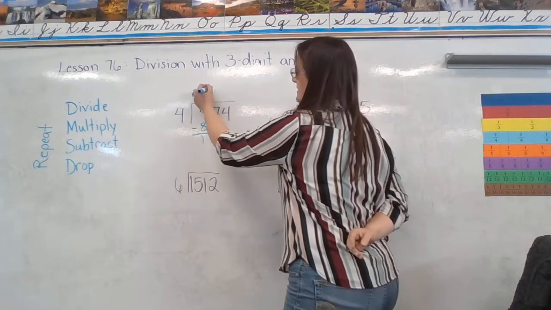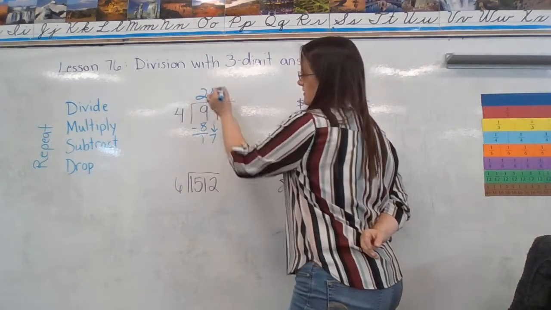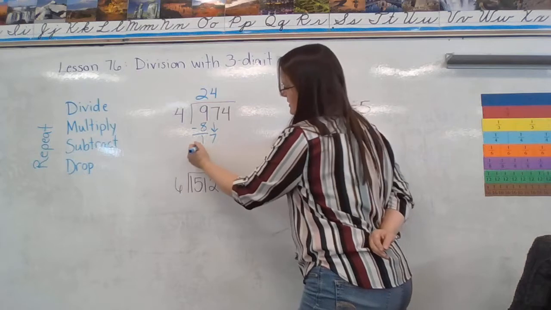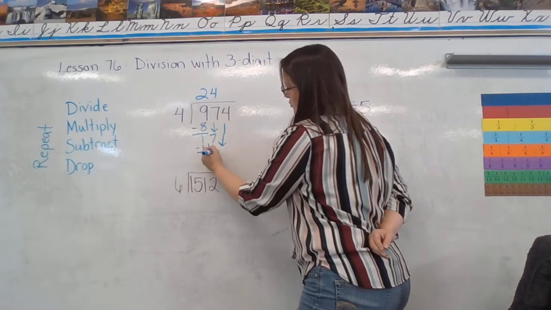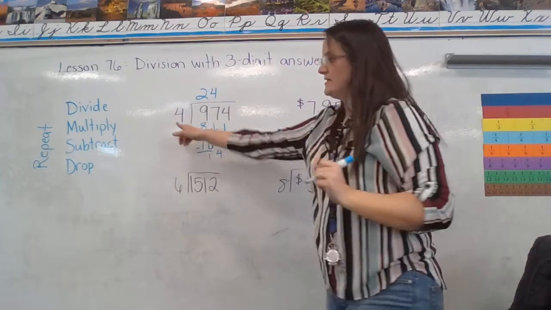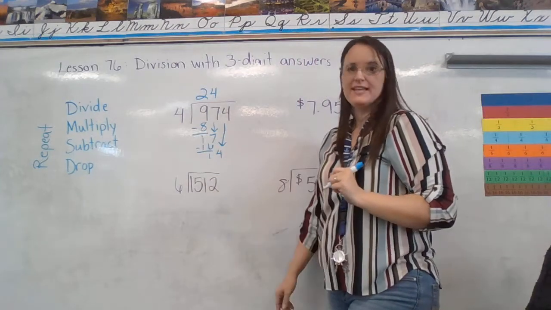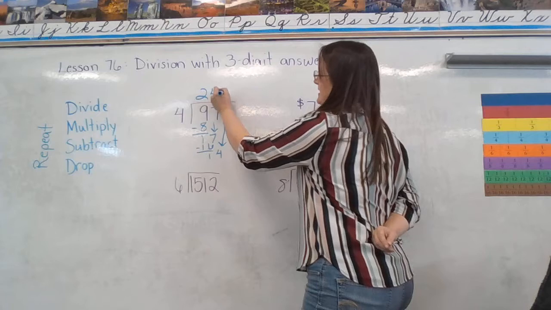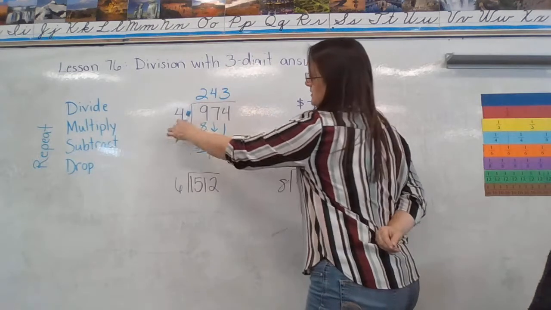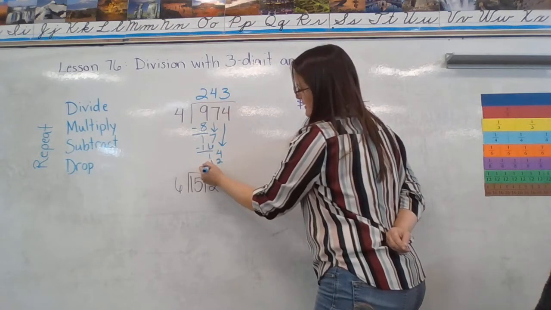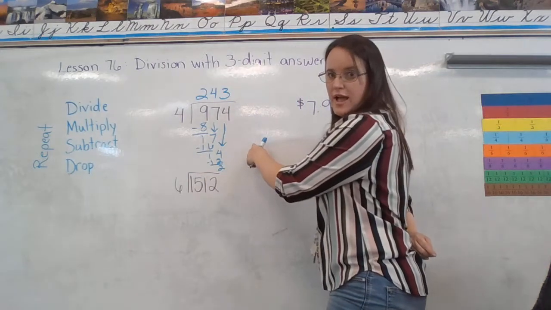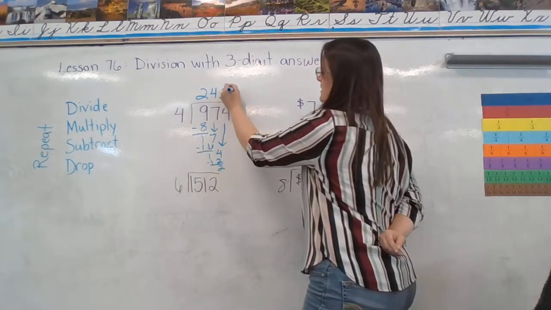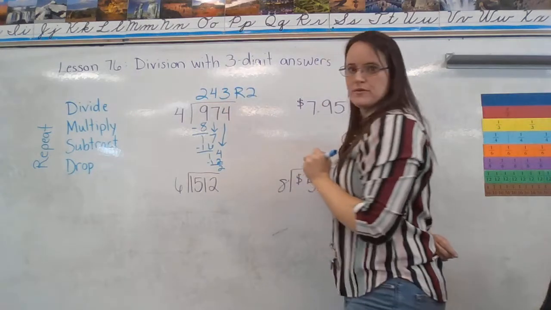How many times? 4. Multiply. 4 times 4. Subtract, drop. Does 4 go into 14? Yes. How many times? Multiply, subtract. We don't have anything left to drop, so now 2 is our remainder.